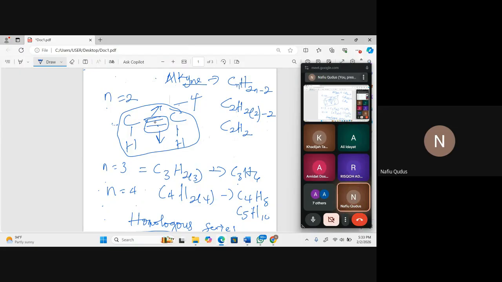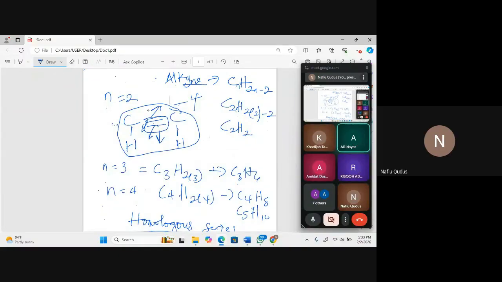For this bond, you know we add 2 pi bonds to the sigma bond, and for each bond we have 2 electrons, right? Are we together? Yes, sir.